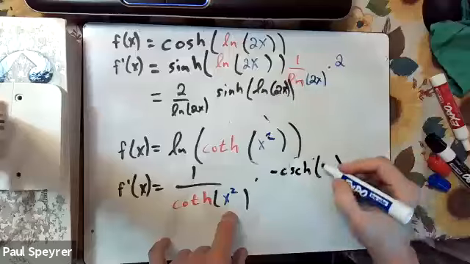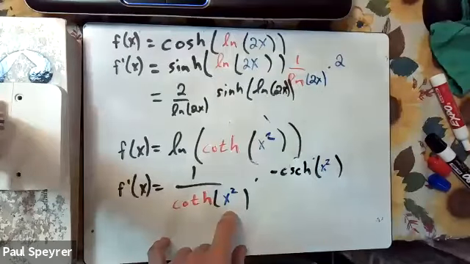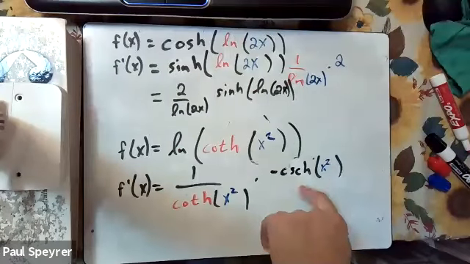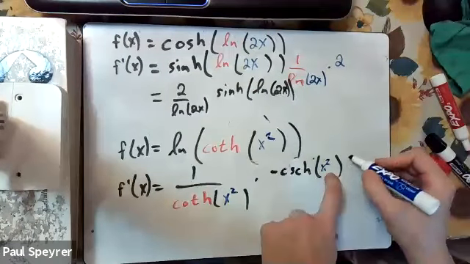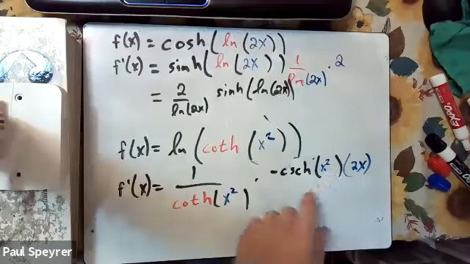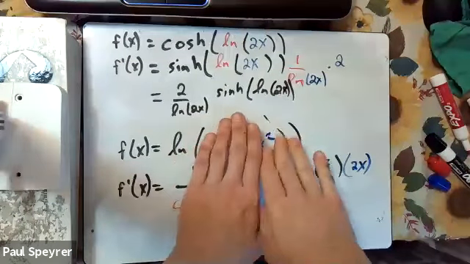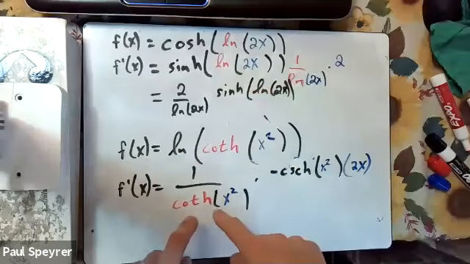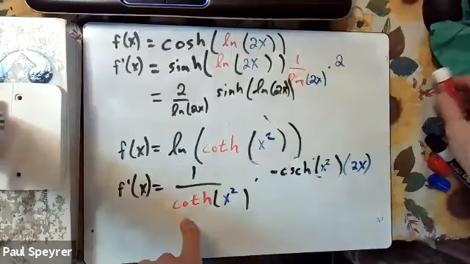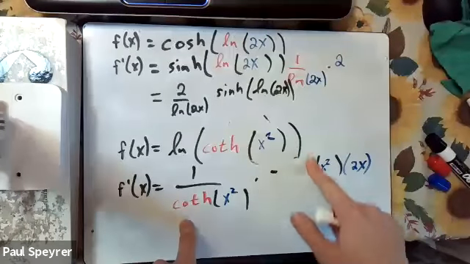U in this case was x squared. And then times the derivative of the inside, which is 2x. So again, we had to derive first the ln component, right? So that's 1 over the stuff times the derivative of all this stuff right here.